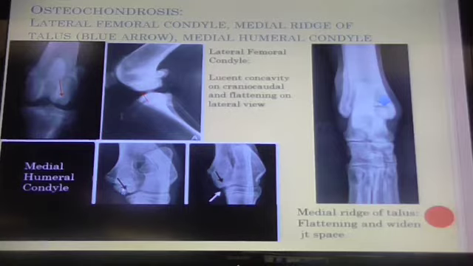Okay, here's one on the medial humeral condyle, a very small lucency. And of course, anytime you have articular disease, articular involvement, then you would expect to see secondary degenerative joint disease. Osteophyte formation to stabilize the joint.